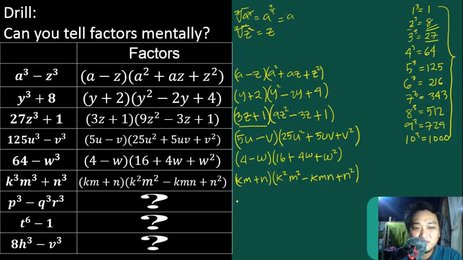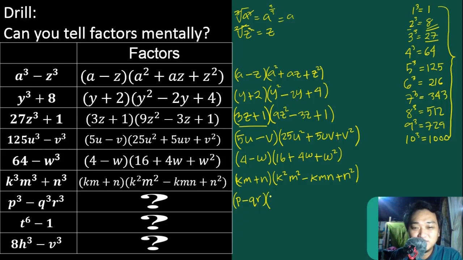Last 3. So that will be p cube minus q cube r cube. That will be p minus q r. Why? Because the cube root of p cube is p. The cube root of q cube r cube is qr.